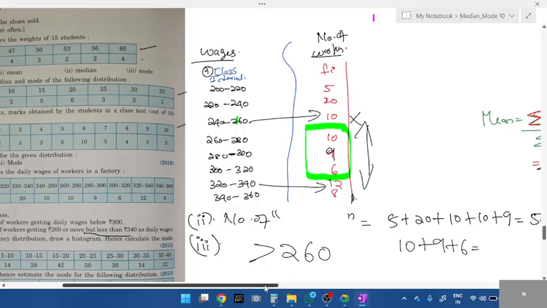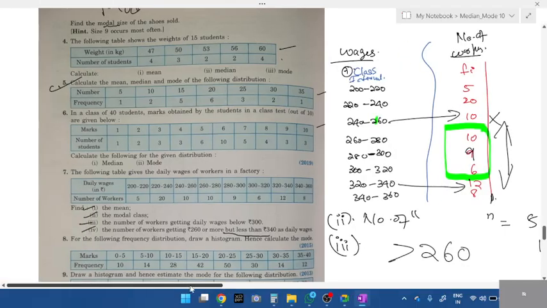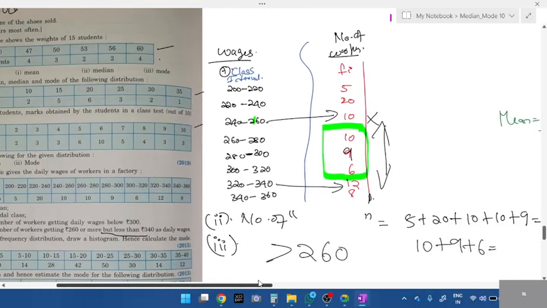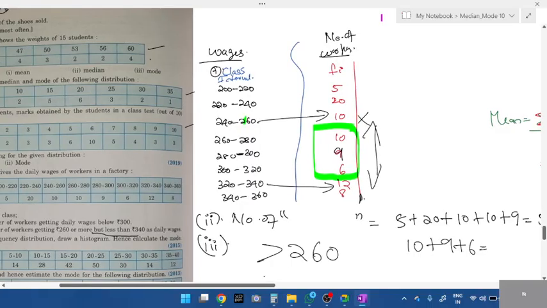Let me check the values. 340 or 360? Okay, less than 340 is correct. No, less than 340 in the sense, even this 12 you have to include, students, 12.